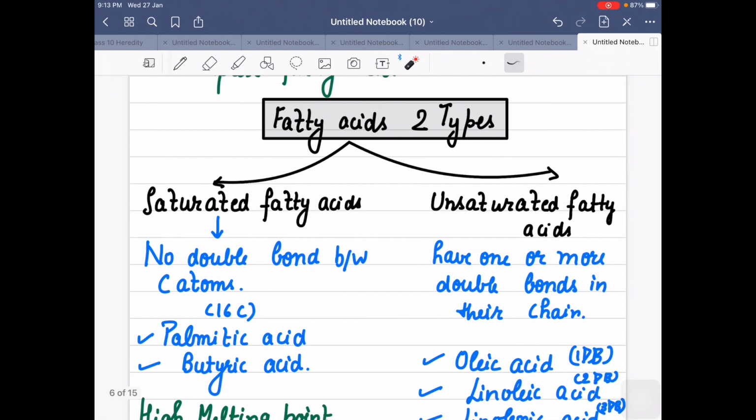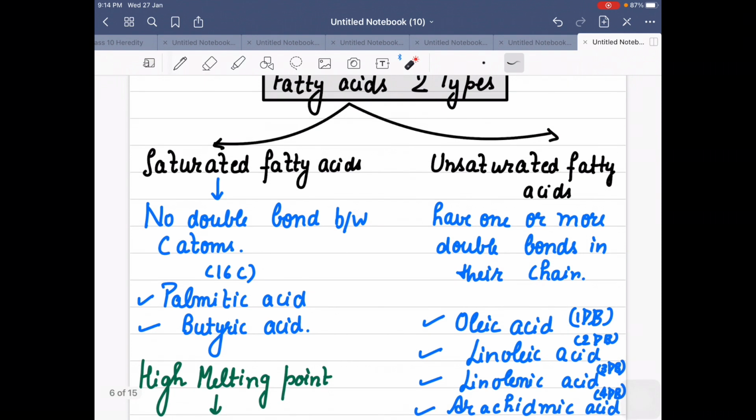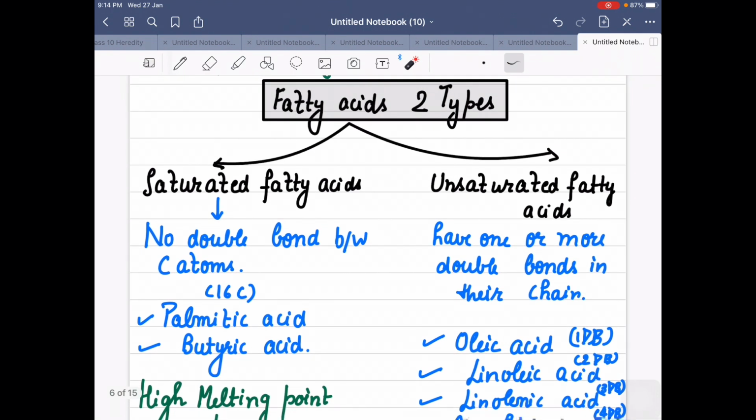Now fatty acids are further of 2 types. I did not say lipids are 2 types; lipids are 3 types: simple, compound and derived lipids. Fatty acids are further of 2 types. You must have done in chemistry that there are chains having single bonds and a few chains having double bonds also.